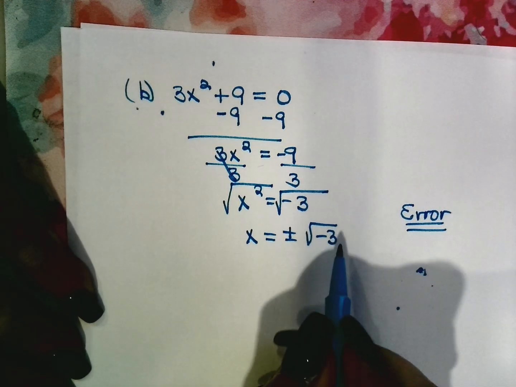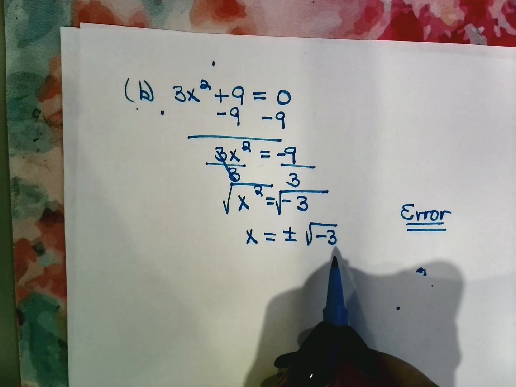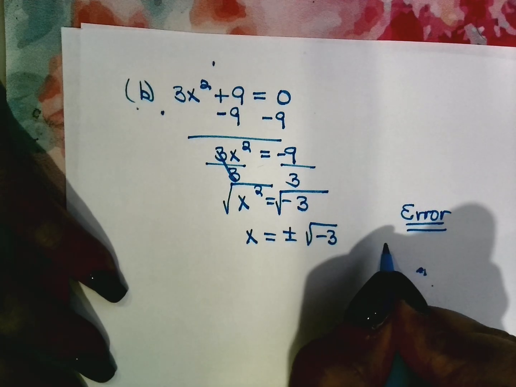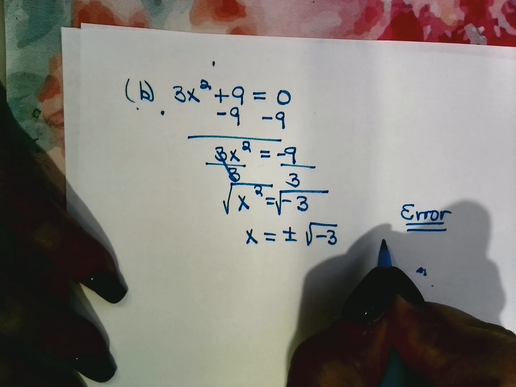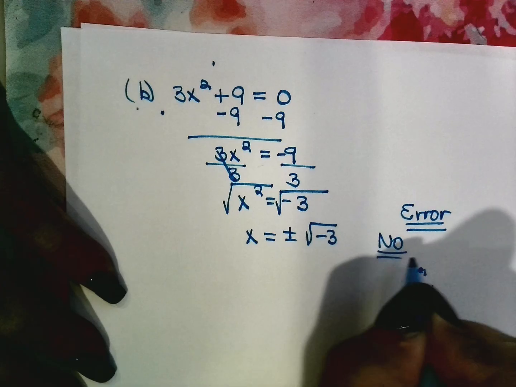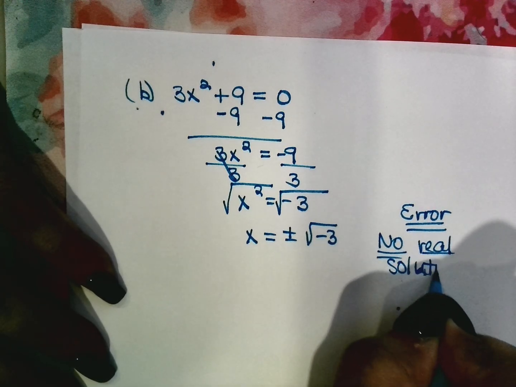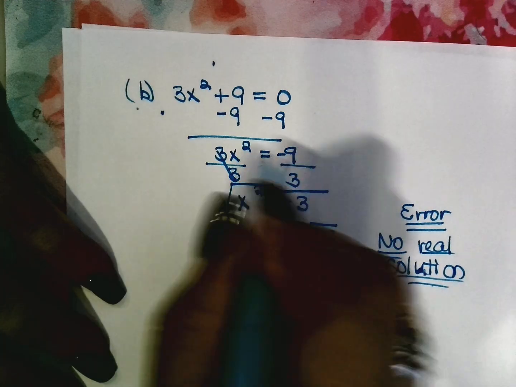And the reason is the square root of negative 3, while we will deal with it very soon, for now we have to say that there is no real solution. It's actually an imaginary solution, but there is no real solution to this.